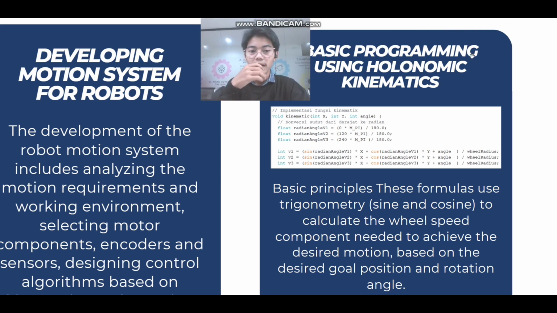Okay. Next, we can see, if we want to make the robot go forward, we enter this number in the program.